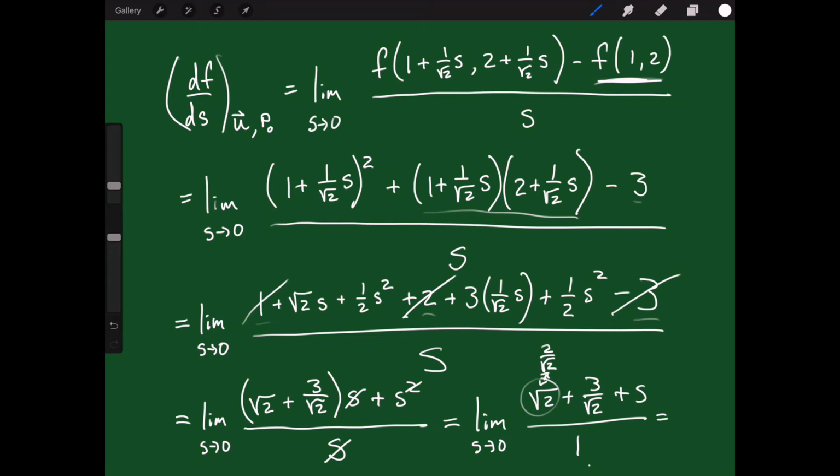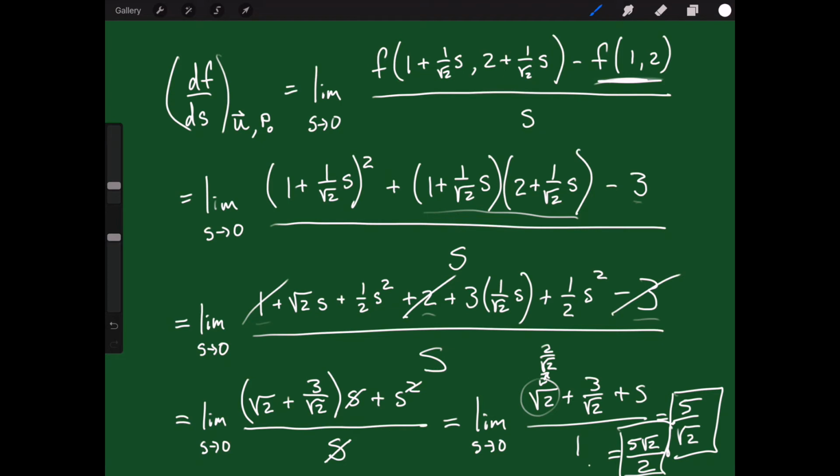And so I could say that this is 5 over the square root of 2. For some of you that will be enough, but some of you might be saying, hey, you didn't rationalize that denominator. So if you like, I could multiply the top and bottom by the square root of 2, and I get 5 square roots of 2 over 2. So this would be an appropriate answer. Also, this would be an appropriate answer.